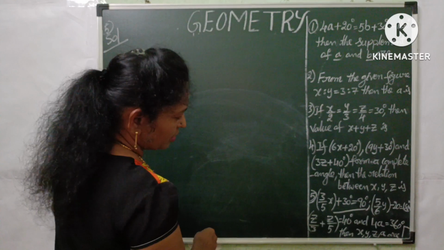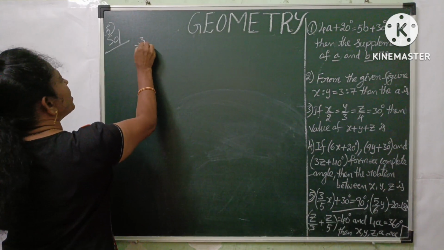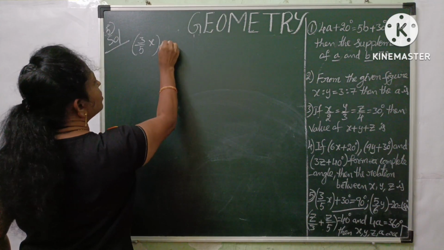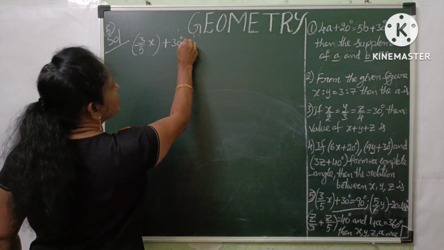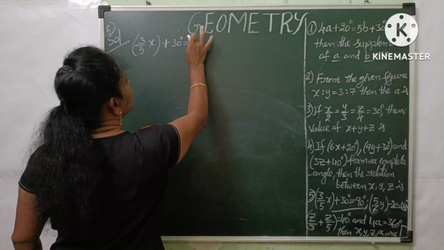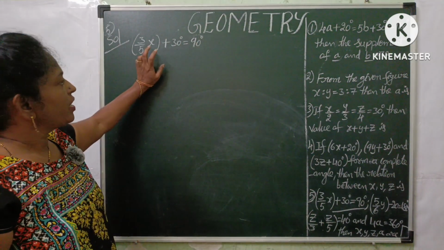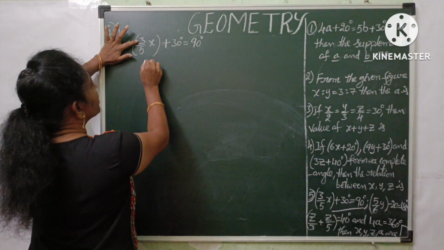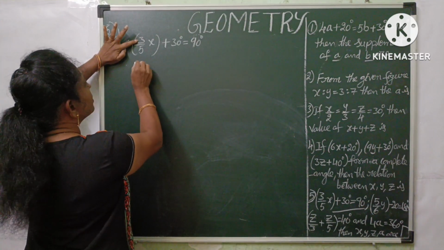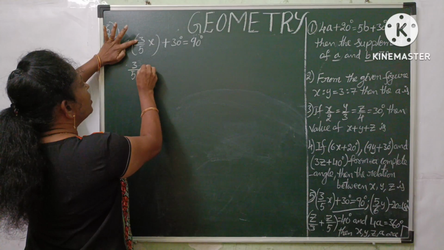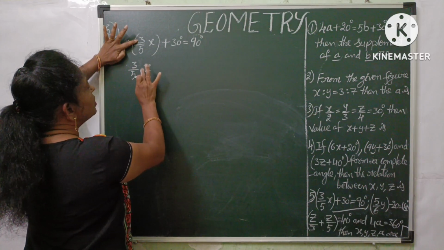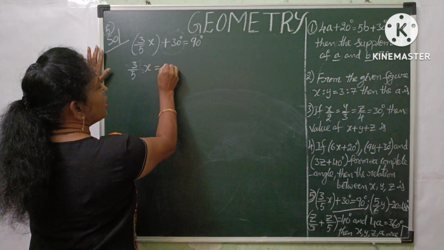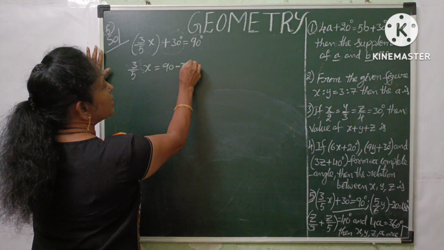What is the first one? 3 by 5 of x plus 30 degrees equal to 90. First we need to find the x value. Here 3 by 5 into x, plus 30 degrees we are transposing, then 90 minus 30 degrees.